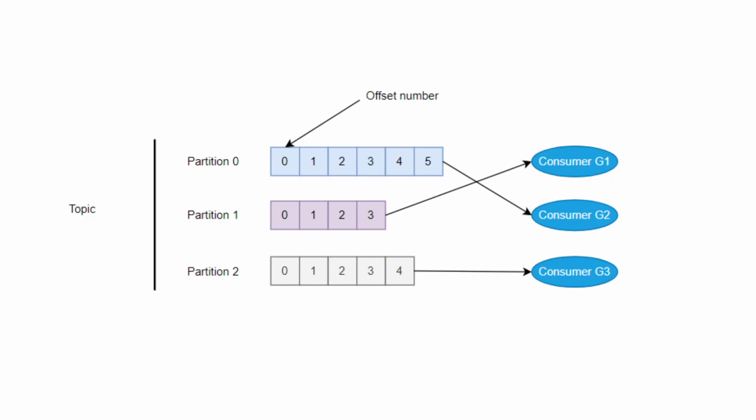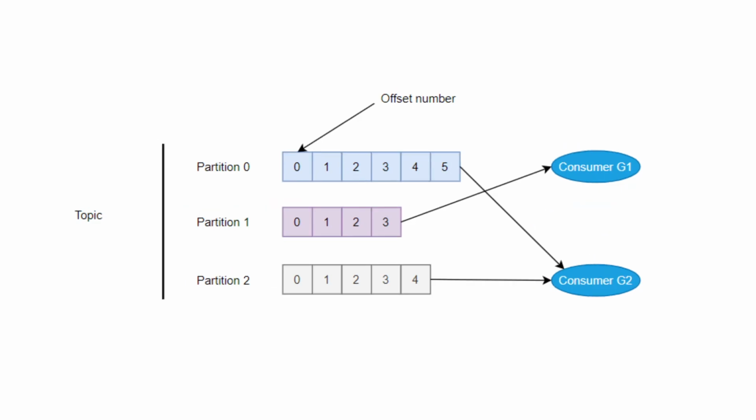Now three consumers in this case will be attached to three different partitions. But for the same consumer group, if one consumer dies out, or we create only two consumers, in that case the three partitions will be shared by the two consumers in the consumer group.